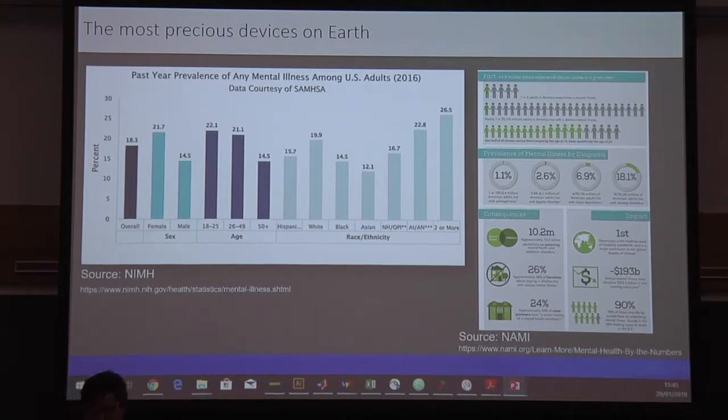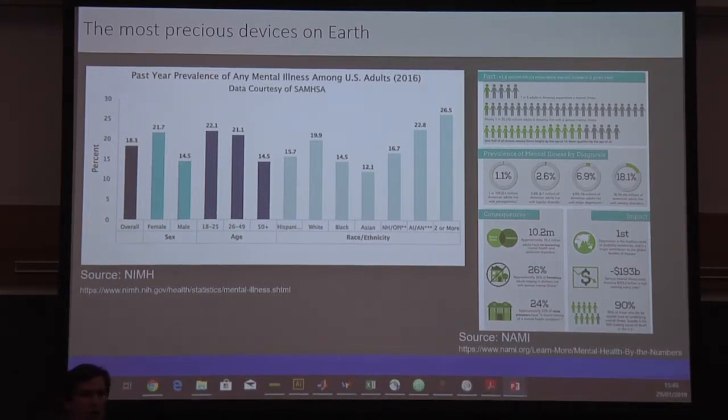I want to take 2 very quick tangents. We are interested in understanding brains because we think that understanding neurons and biology will help us build better AI algorithms. But it's also the case that brains are probably the most precious devices on Earth. These are numbers that are a little bit outdated, but they represent the fraction of people in the US with mental diseases, and the numbers are staggering.